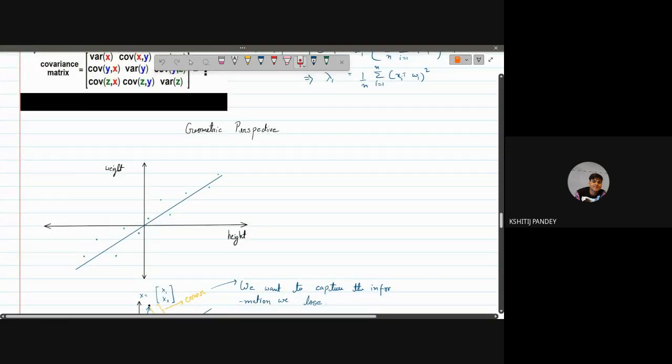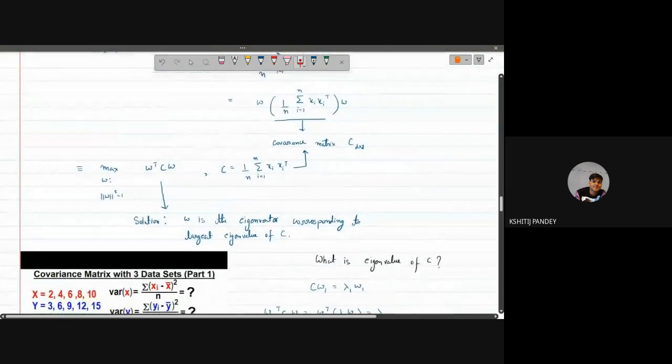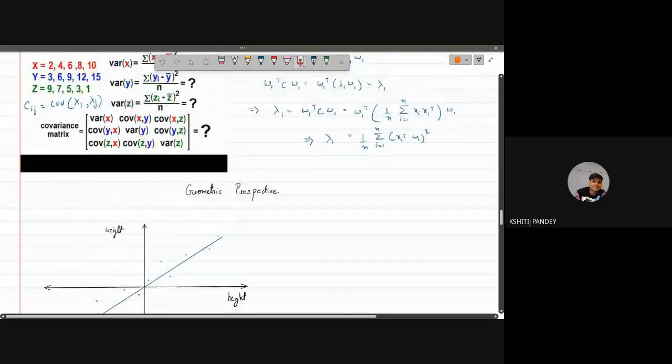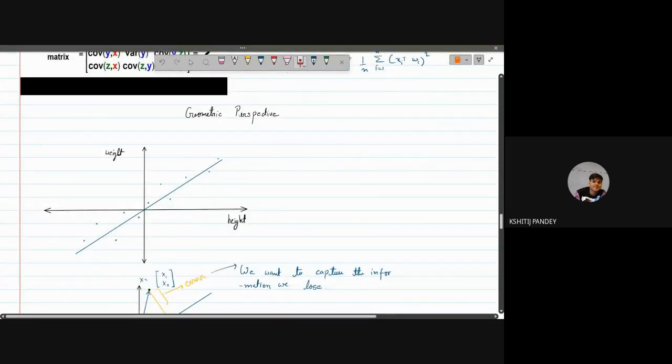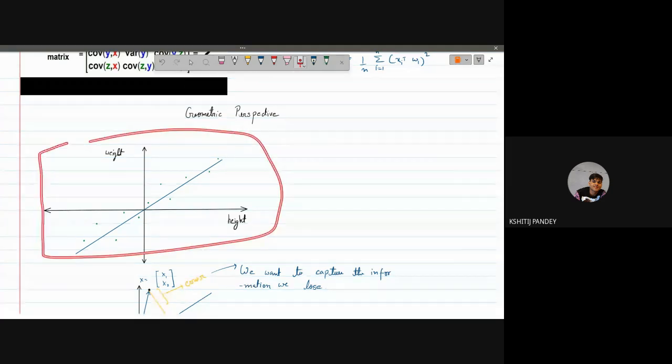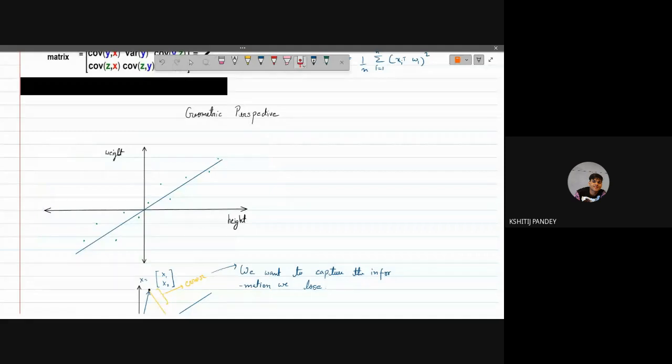Okay, so first of all, let's say, what is this doing? So let's take this example. The x-axis is for height, it is used for representing the scale of height, and the y-axis is used to represent the scale of weight.